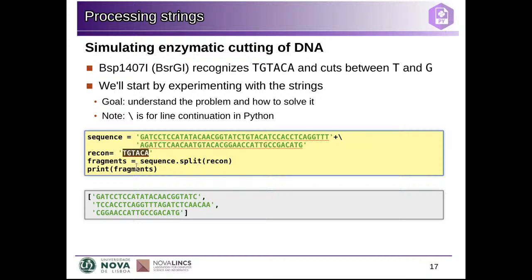So since this TGTACA appears in some parts on my string, when I do split, I break the string into different fragments. Now, one problem of using this simple approach is that I'm just using the split method and breaking down wherever the enzyme recognizes the cutting point in the DNA.